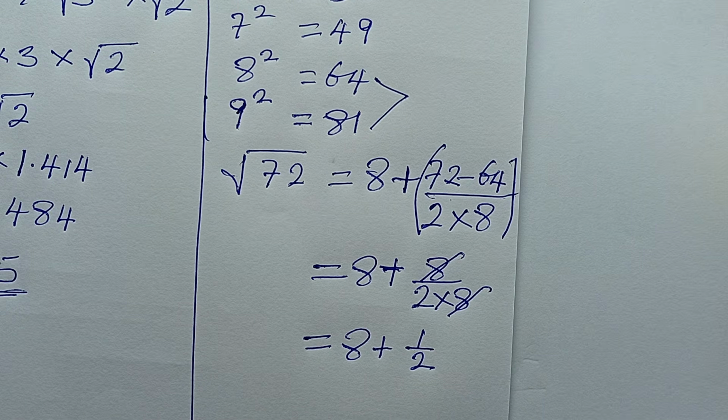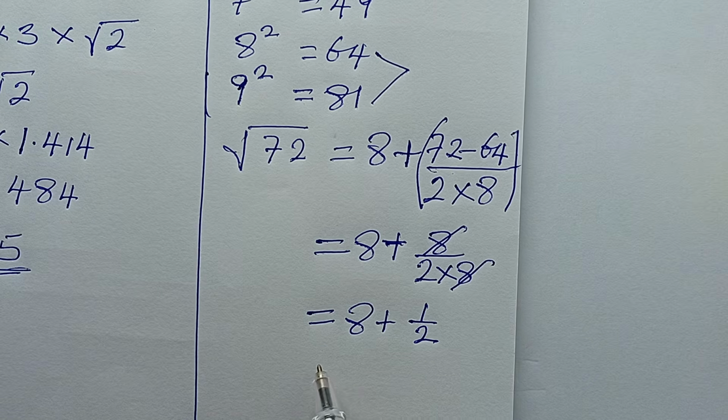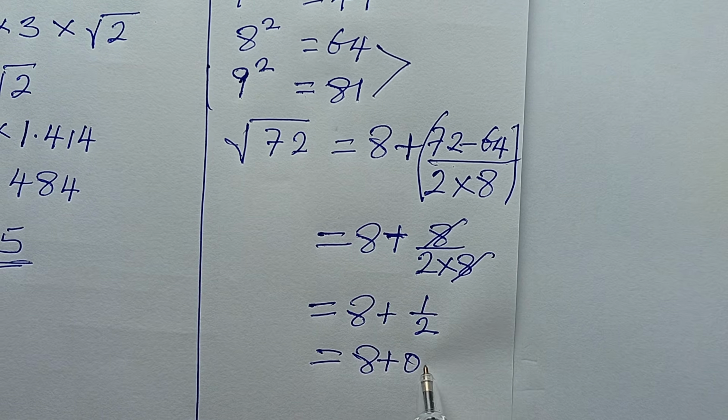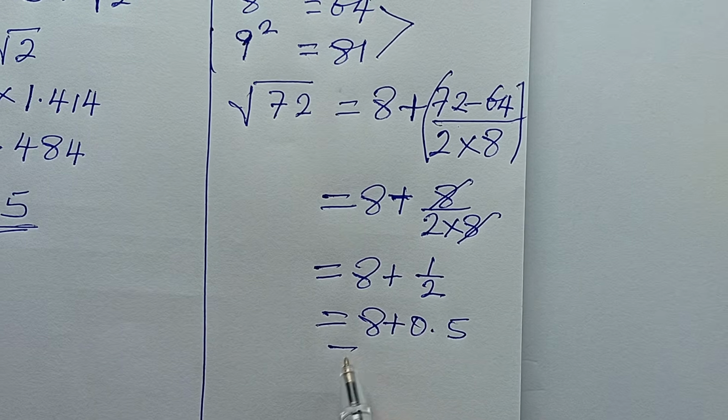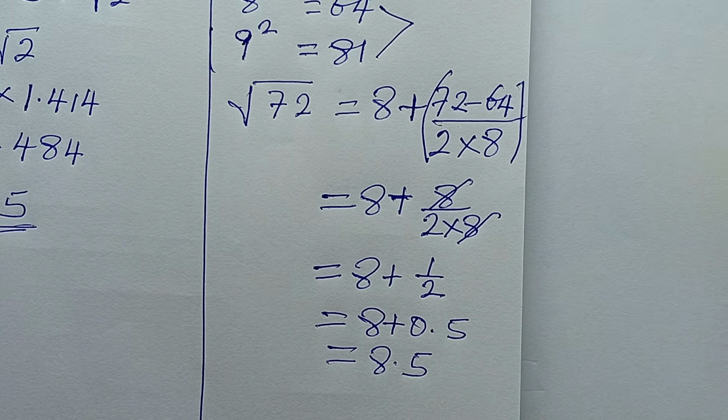And what is 1 over 2? That is a half. And if we convert that to a decimal, that will give us 0.5, right? And so we're going to end up having 8 plus 0.5. And if you add up, this is going to give us 8.5.